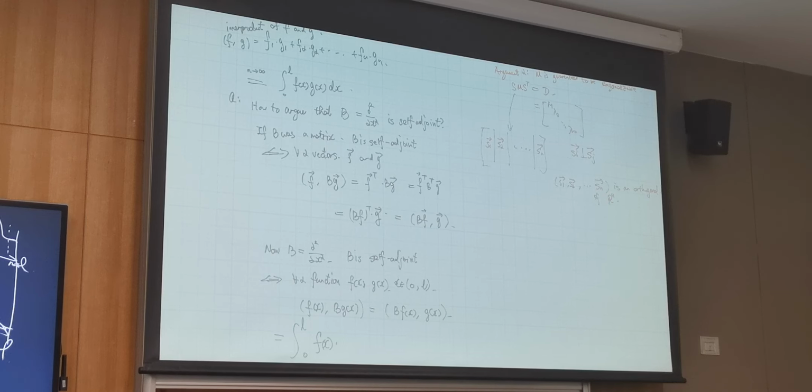But what is B? It's the partial x squared, right? And then this acts upon g(x), and then dx.